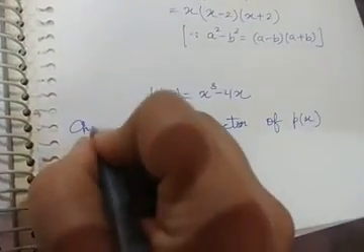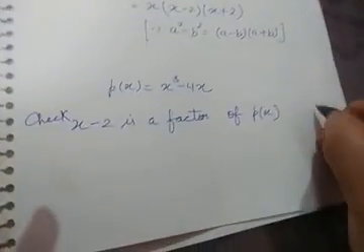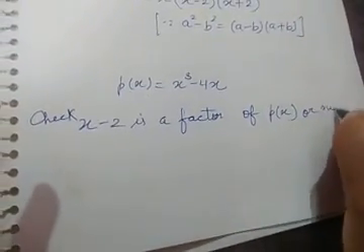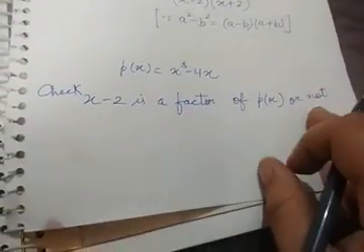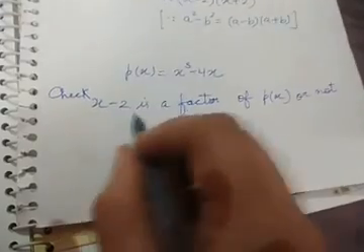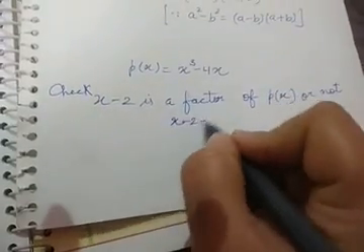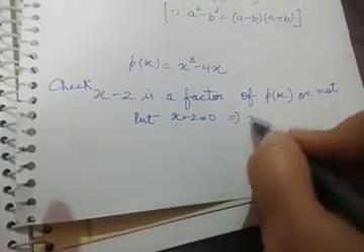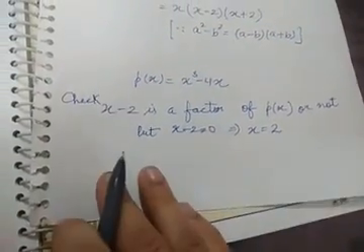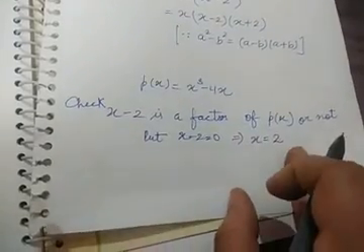How will we check whether it is a factor of P(x) or not? Find the zero of this factor. Put x minus 2 equal to 0. Then what will be the value of x? That will be equal to 2. So x is equal to 2.